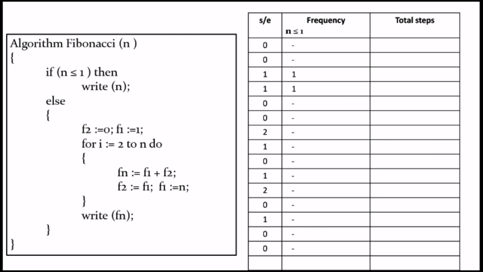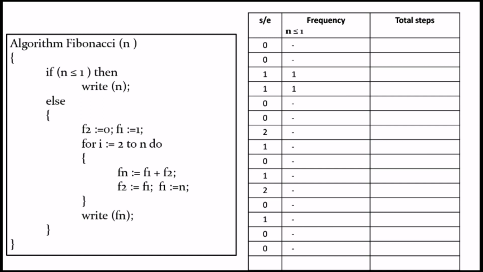Next, we are checking the if condition. So if the condition is true, this will be considered as one statement, because we are executing that statement only one time. So we have mentioned that n is less than or equal to 1, that means this condition is true. Then what we are doing, we are executing a write n statement.